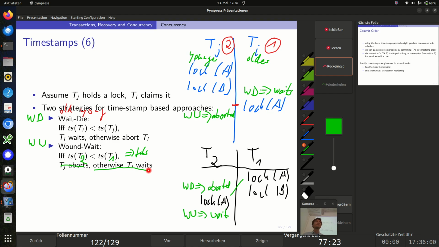In the second case, T1 is equivalent to Tj and T2 is Ti. In the other example, it's vice versa. That's a little bit confusing. It wasn't me who proposed this example with Ti and Tj, but yes.